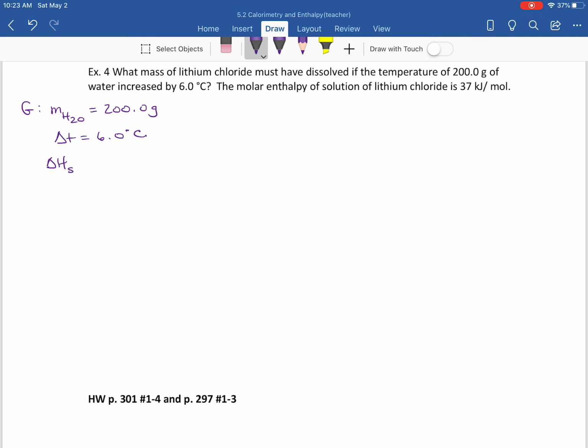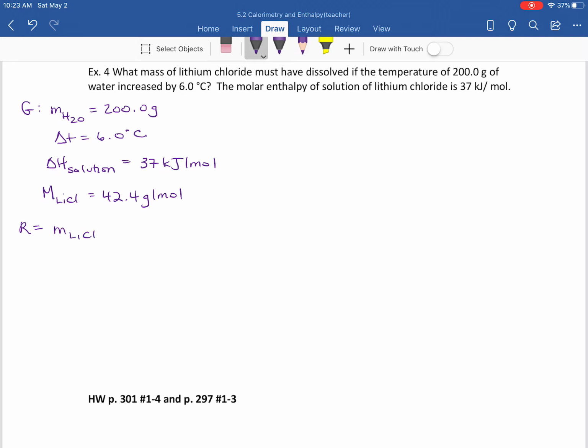We also know that the delta H of solution for lithium chloride is 37 kilojoules per mole. And we know we're playing with lithium chloride, so we might as well get the molar mass of lithium chloride, which is 42.4 grams per mole.